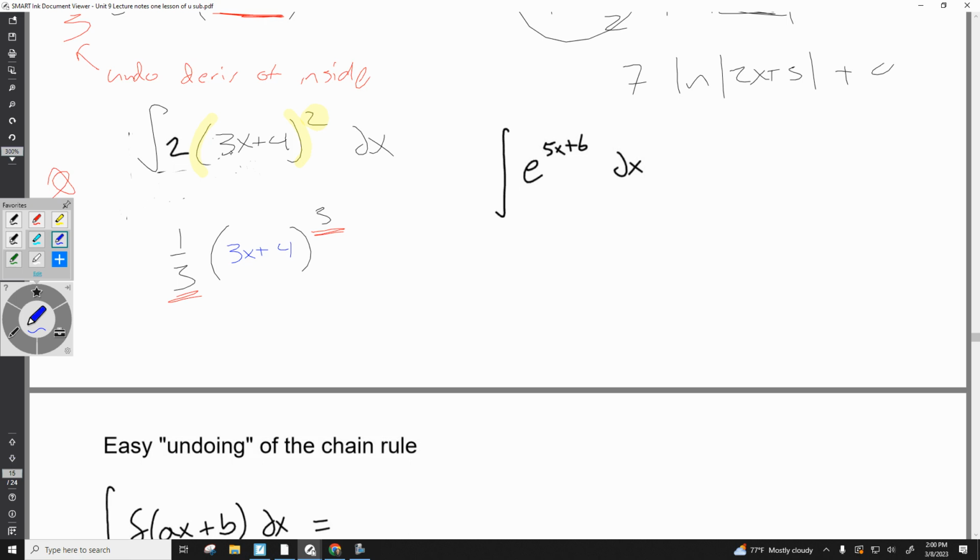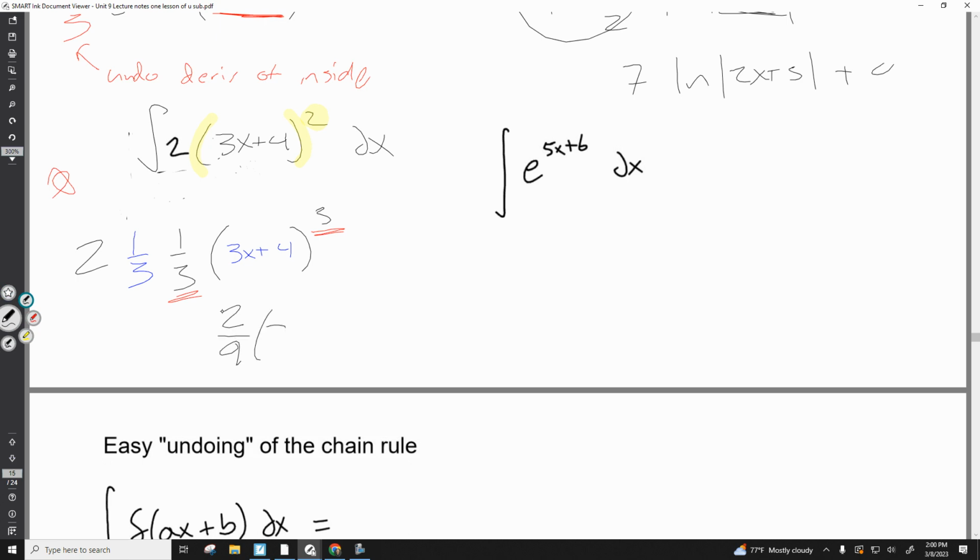But because the derivative of the inside is 3, I need another 1/3. This 1/3 comes from this 3. The 2 is there, it stays there. We just worry about it at the end. I should get 2/9 (3x + 4) cubed plus a C.